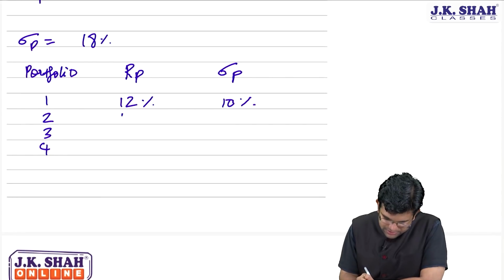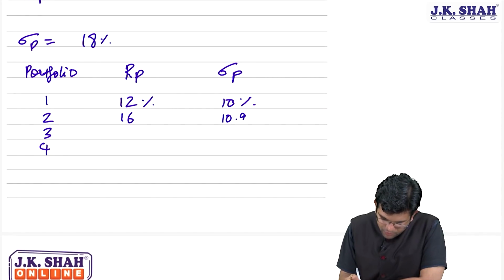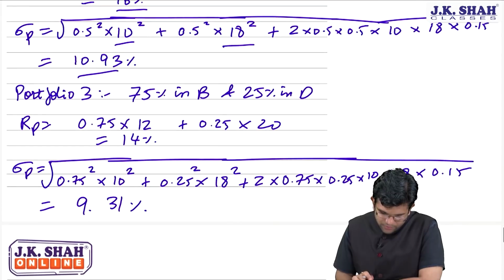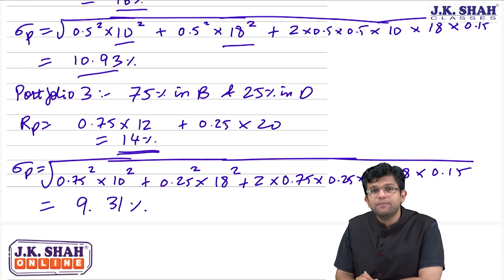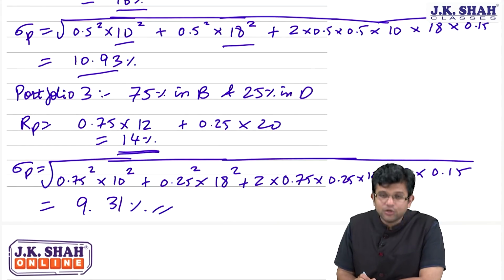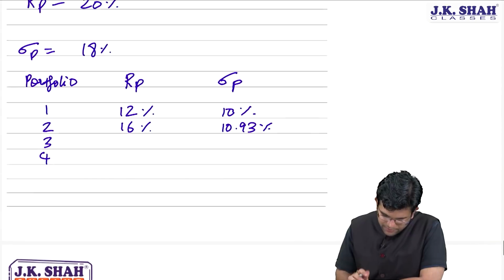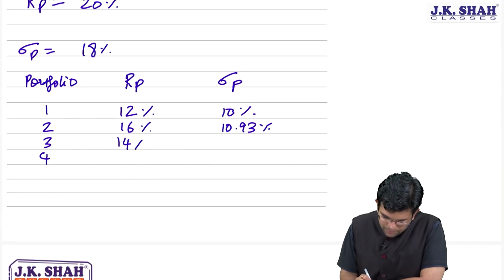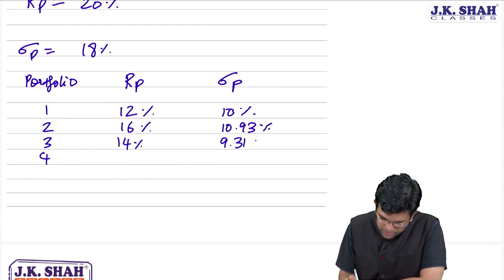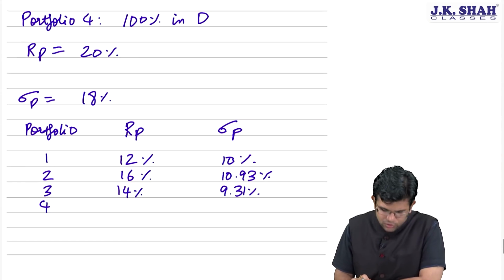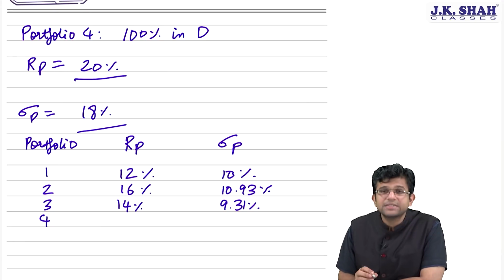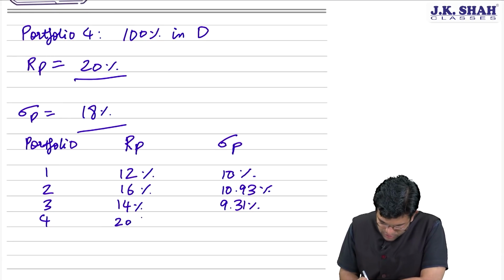So I'll write here 16 and 10.93. Portfolio 3, RP was 14% and sigma P was 9.31. So I'll write here 14%, 9.31%, and the last one, RP is 20, sigma P is 18. This is 20%, this is 18%.